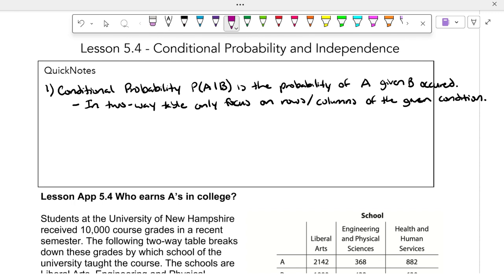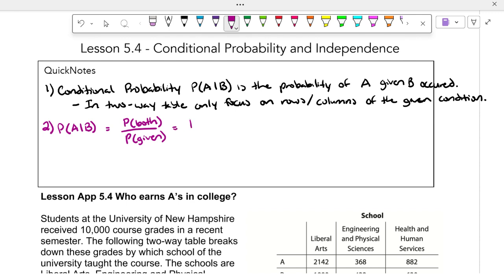Now, the actual formula for conditional probability, so P of A given B, that's equal to the probability of both happening over the probability of the given happening.